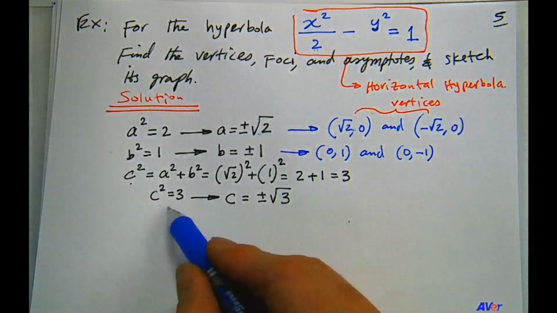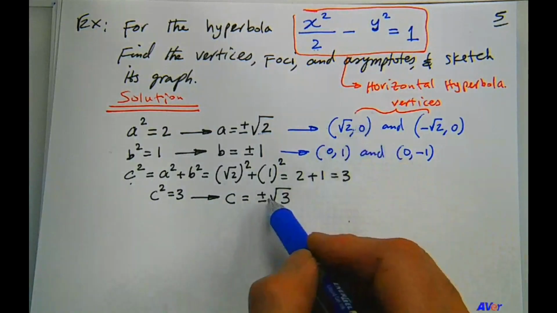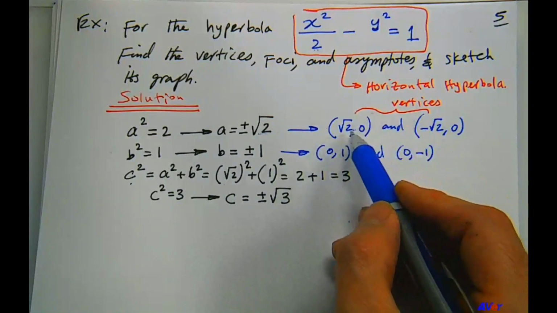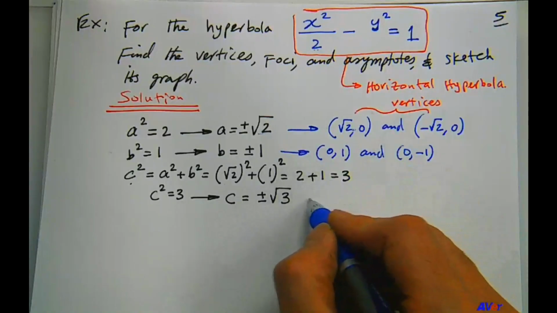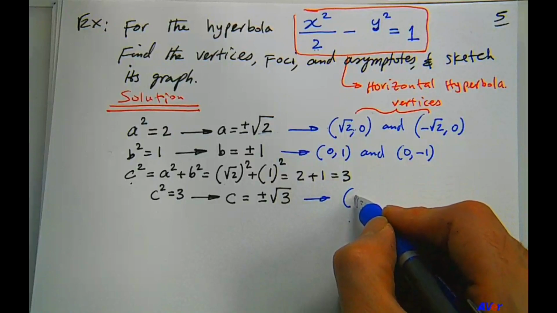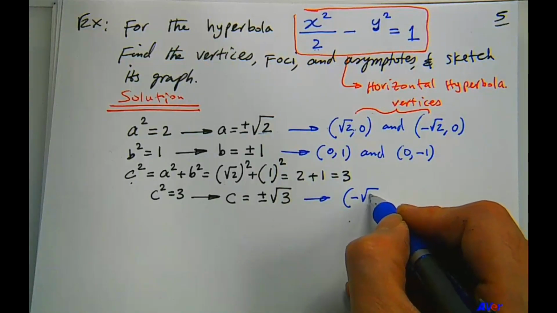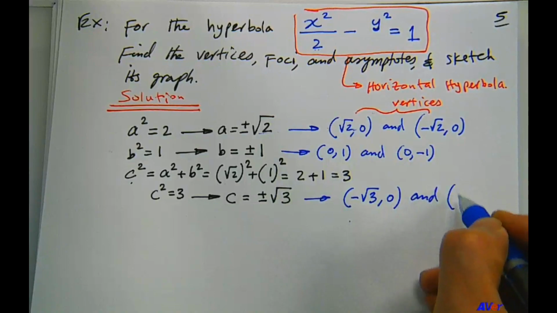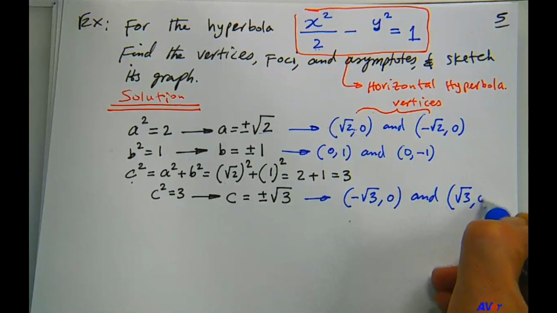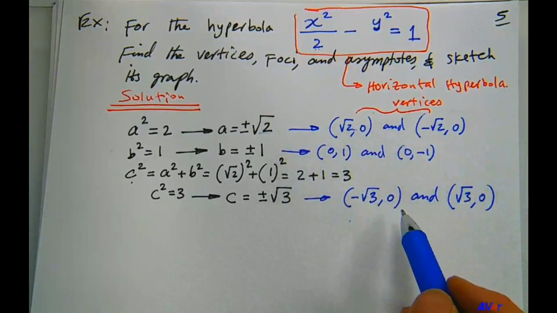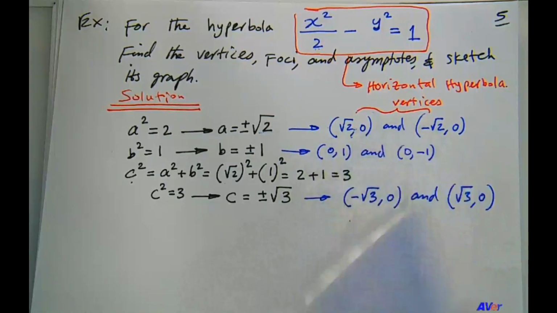And of course, the focal points will be on the same axis as the vertices, which in this case is horizontal. So it would be minus square root of 3 comma 0 and positive square root of 3 comma 0. I should have maybe switched that here too, but they're both there.